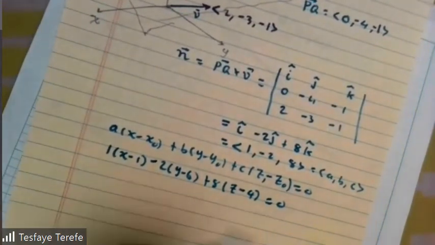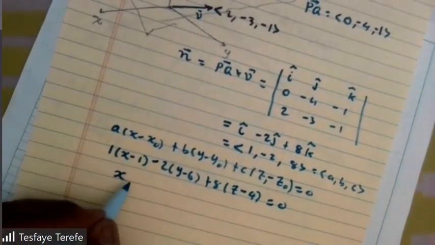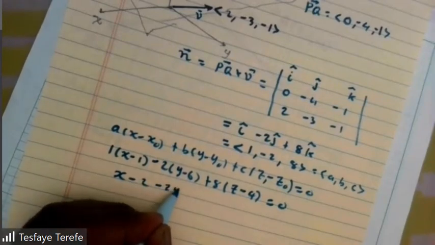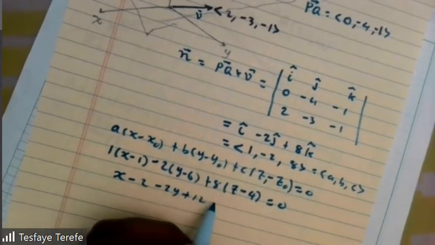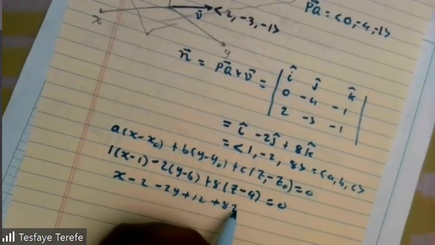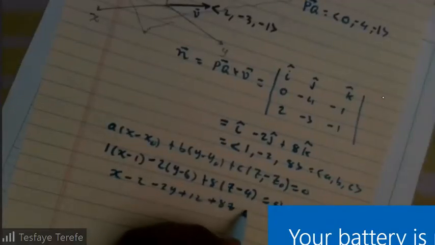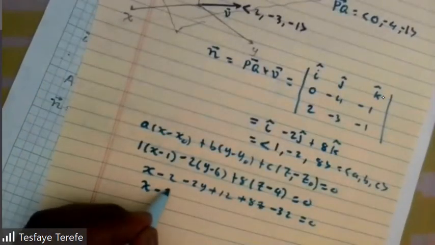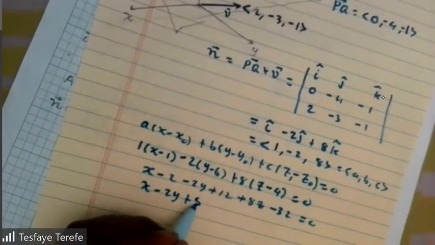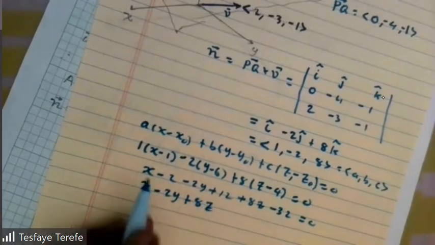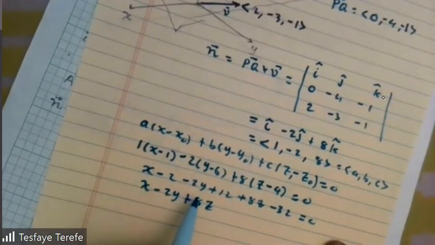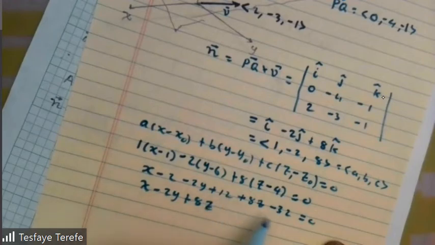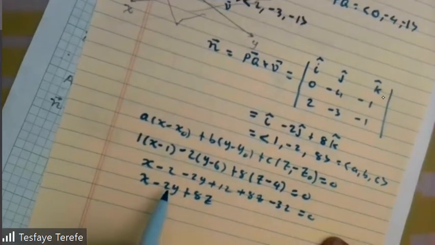Well, then this is x minus 1 minus 2y plus 12 plus 8z minus 32 equal to 0. So x minus 2y plus 8z equals, now this is 12, this is 20, and by the way, this is 1.